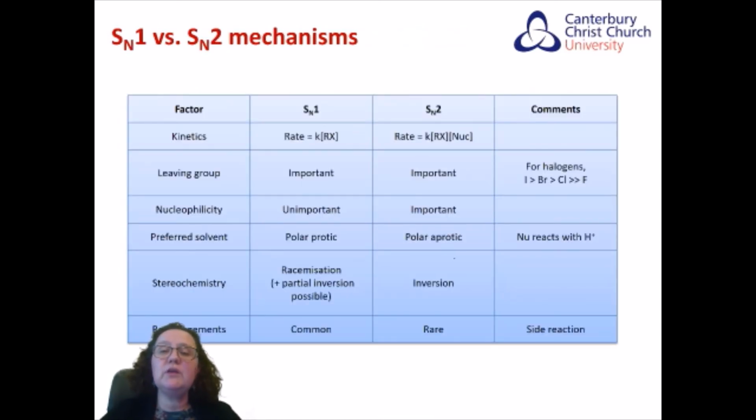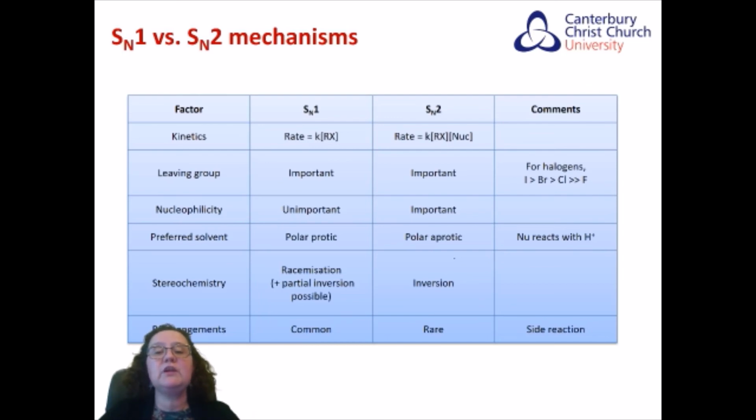So this is just a table that compares SN1 and SN2 in terms of the kinetics of reaction, first order and second order. The nature of the leaving group is important in both cases, and the reactivity for halogens, which is a typical leaving group, is the same for all of them.